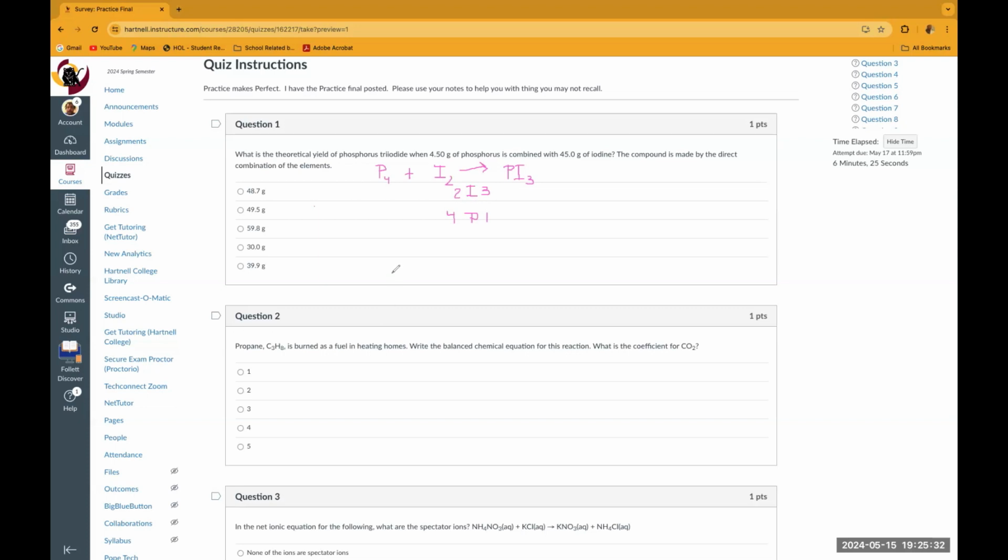Multiply the PI3 by 4. Okay, so then that'll give me 12 iodine and 4 phosphorus. 6 on the I2. Okay, so now that we've got it balanced, what are we going to do next?